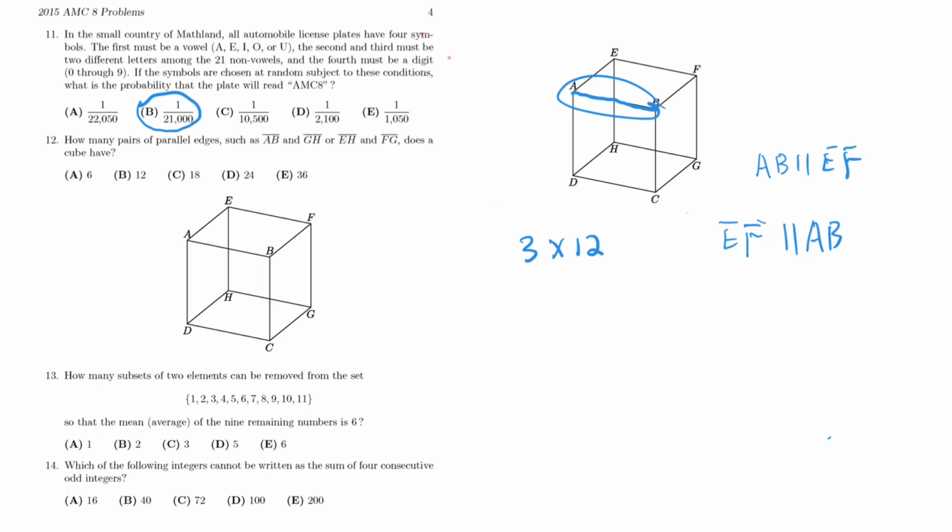So each pair of parallel edges we count twice. So we divide it by 2. So 12 divided by 2 is 6. 3 times 6, that's 18. So the answer is C.